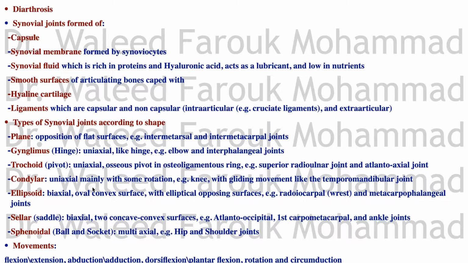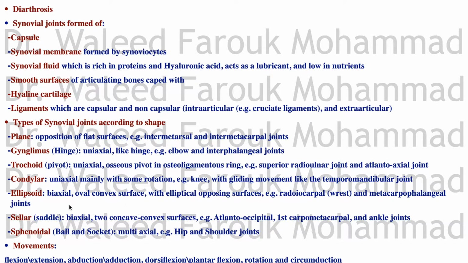Condylar type joints are uniaxial, but there is a little range of different movements in this type of joint, which is rotation. An example is the knee joint with the gliding movement, like in the temporomandibular joint as another example.